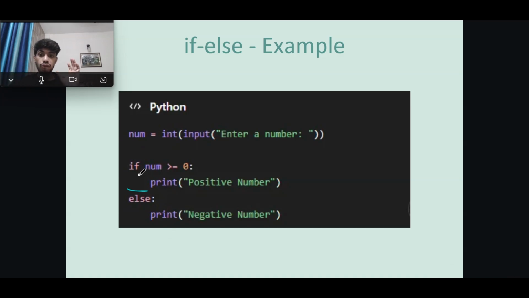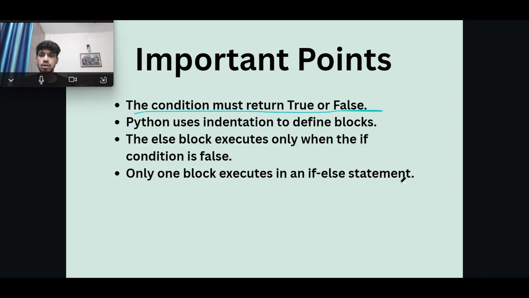In Python code, after if and the condition and then a colon, we write the print statement in the next line after a gap. This is like a tab, one tab is an indentation. We use the tab key, and then it is called indentation. This gap is just indentation, no need to worry about it.